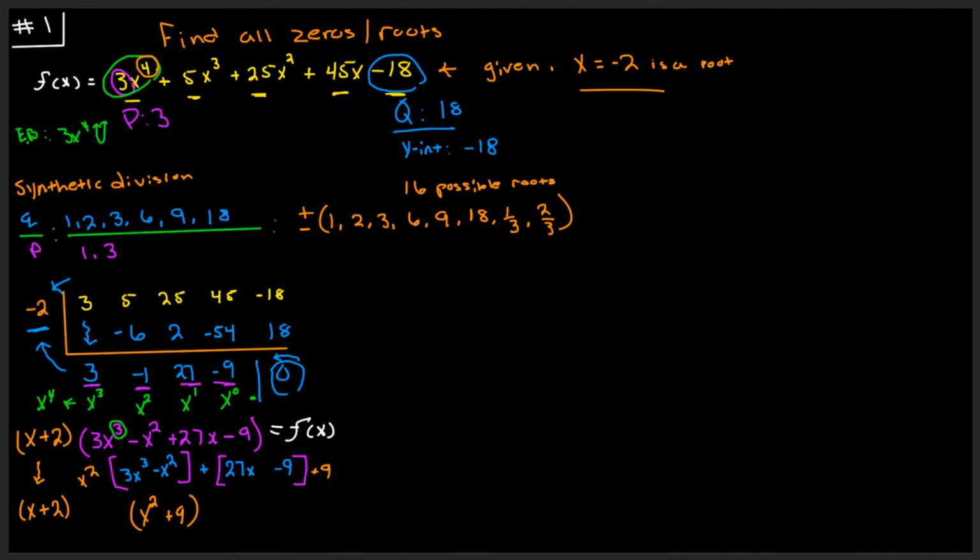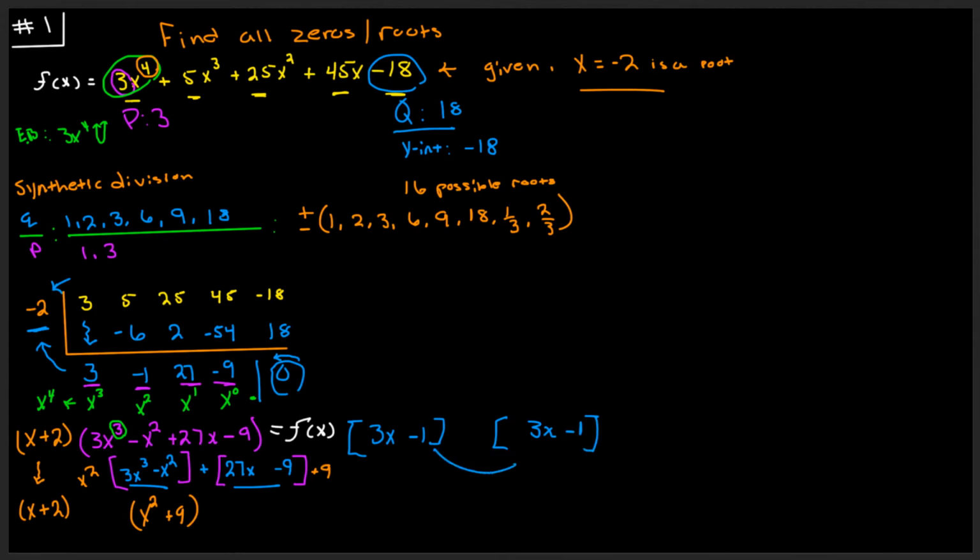What you're going to end up with if you pull an x squared out of there and a 9 out of there is 3x minus 1, and what happens if you pull a 9 out? Well, you have 3x minus 1.